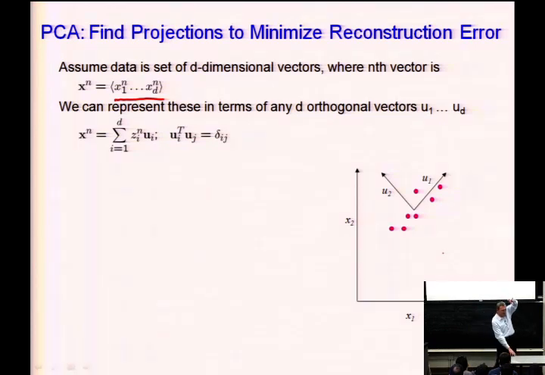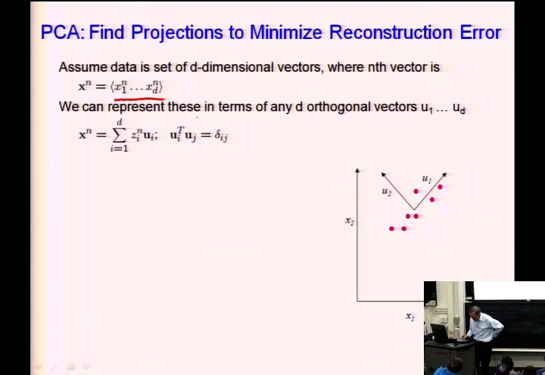And if I go from a 3-dimensional one to a different 3-dimensional one, well, of course, there'll be no loss. I can still represent any face. But if I want to go from a 3 to a 2-dimensional coordinate frame, well, then I'm going to have some loss. And the question is, how can I minimize that loss? And that's what PCA does.